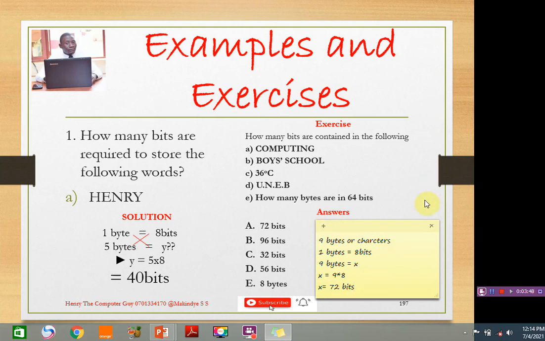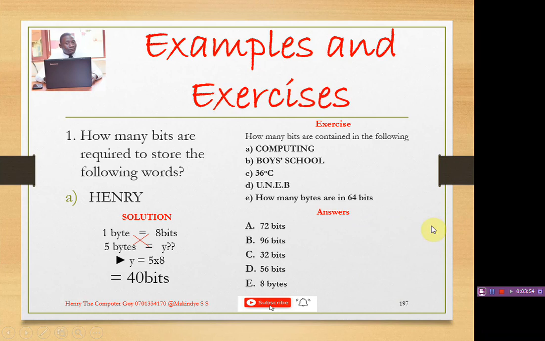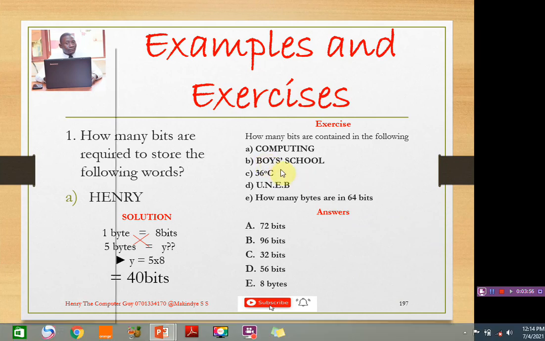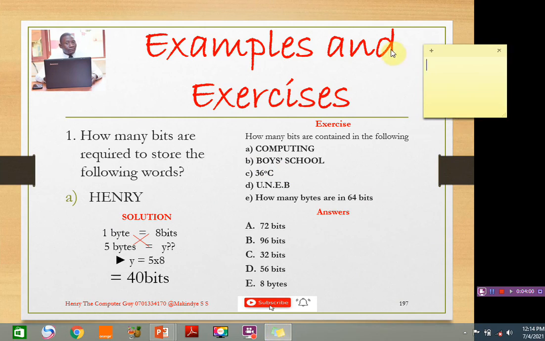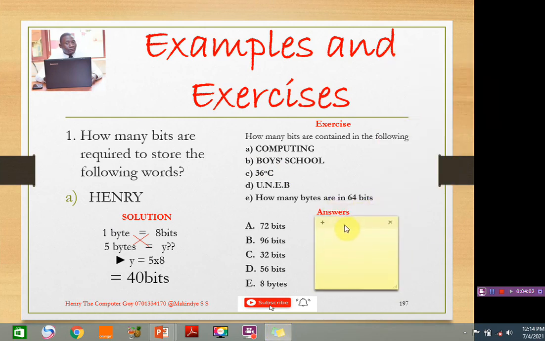Let's make another one and see. So let's calculate part B. Let me also get another sticky note. Let me put it just down here and I calculate that number 2. First of all, we are going to count the number of bytes which are there.